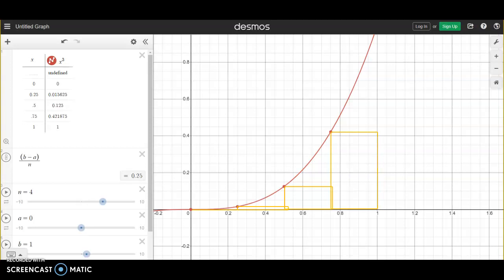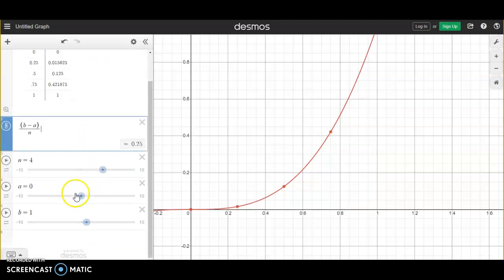Okay, so you can see we have all this extra space here, and that's because it's the lower sum. But anyway, now we will go back to the same point we were at before.